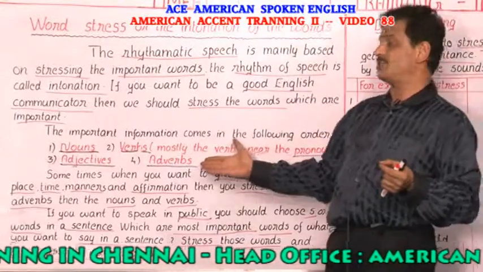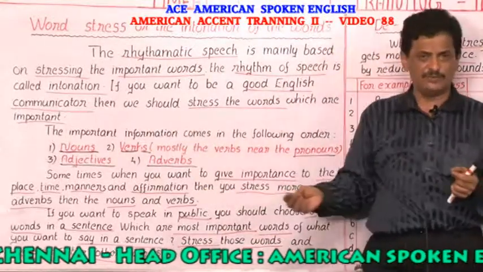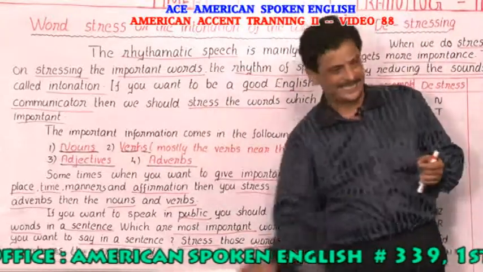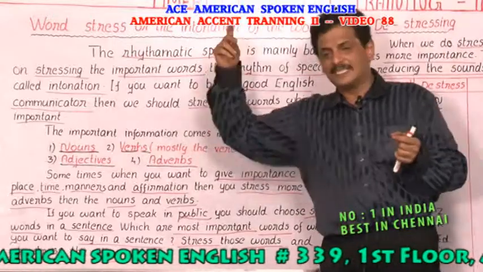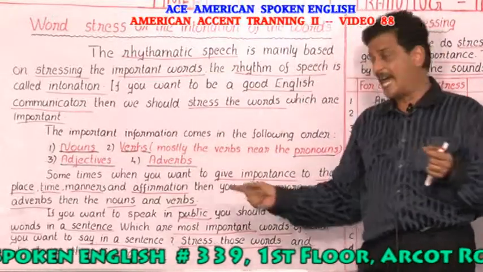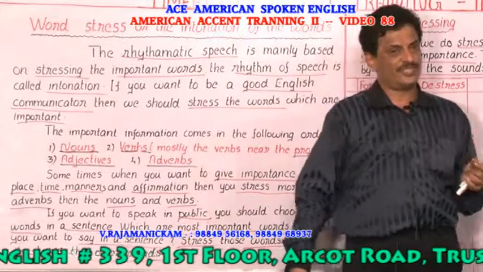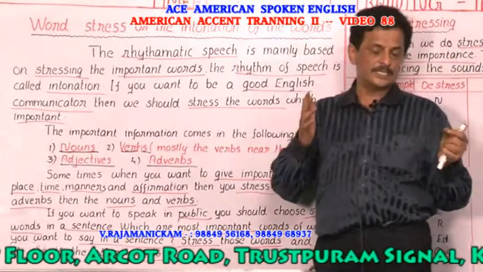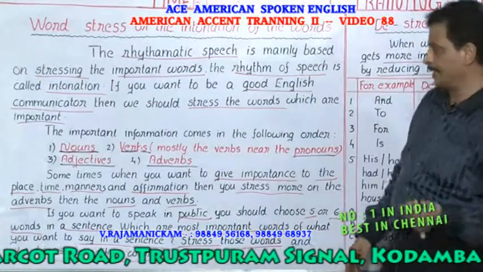The adverb should be stressed. So, my dear friends, in a sentence, if you find noun, high stress. Verb, second high stress. Adjective, third high stress. Adverb, fourth high stress. Able to understand? So these are the words which are important according to the order.